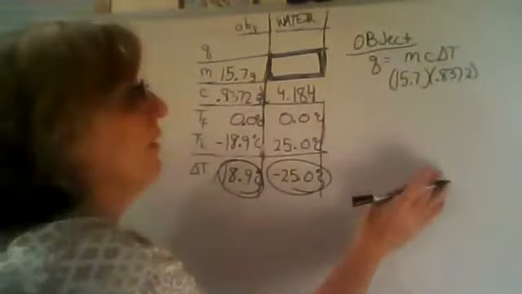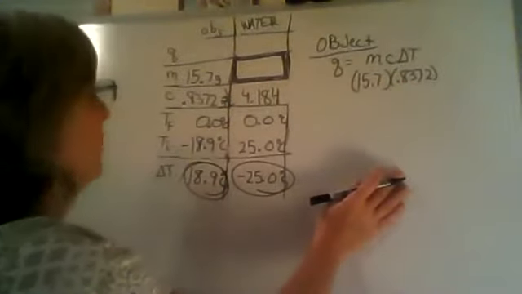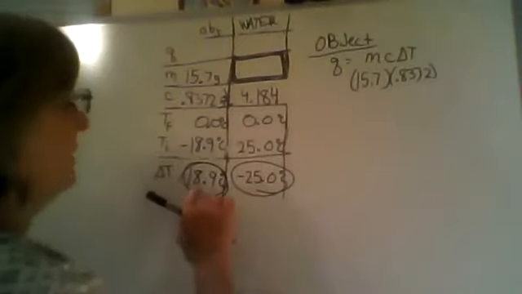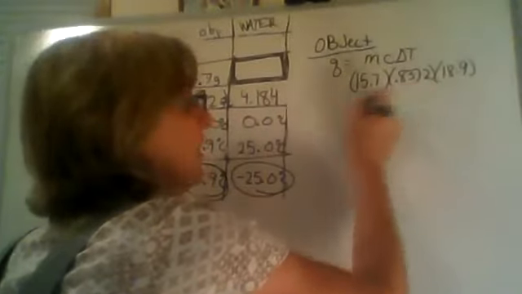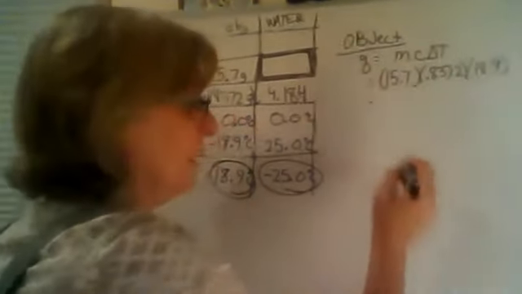I'm still running off this board. Let's come off one more time. And 18, positive 18.9. Okay, so that should give me a Q.